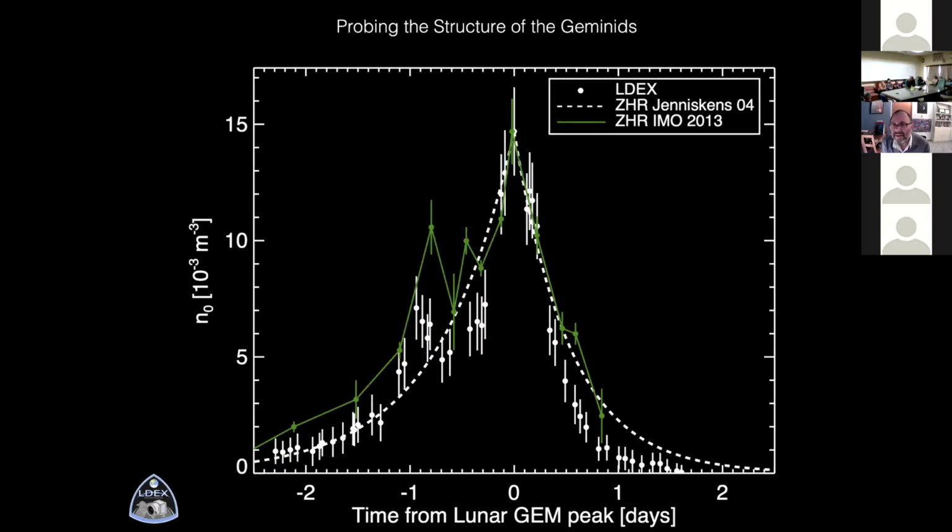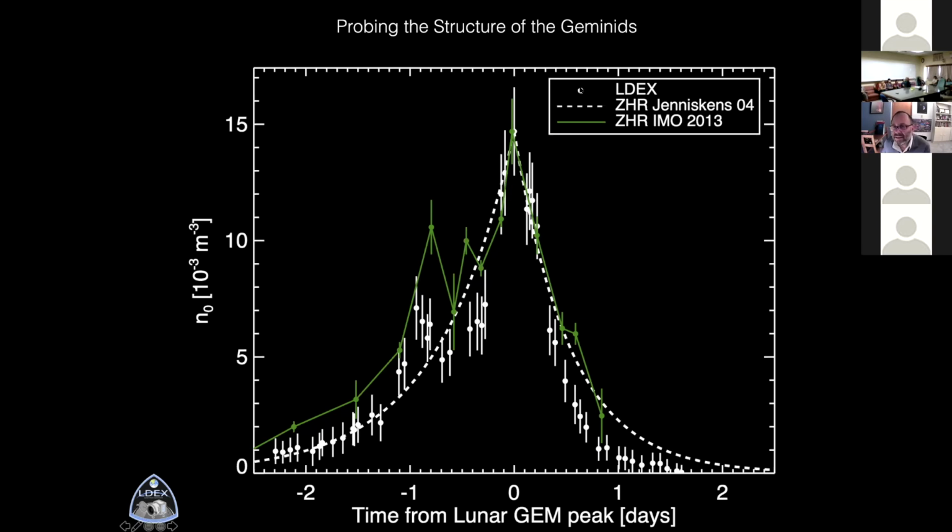There's a nice comparison for the Geminids. The white dashed line and the white bars are the zenith hourly rates. People on the ground go outside at night and report back how many shooting stars they recorded in an hour. Zenith hourly rates. And then we can lay on top of that the impact rate that LDEX recorded.